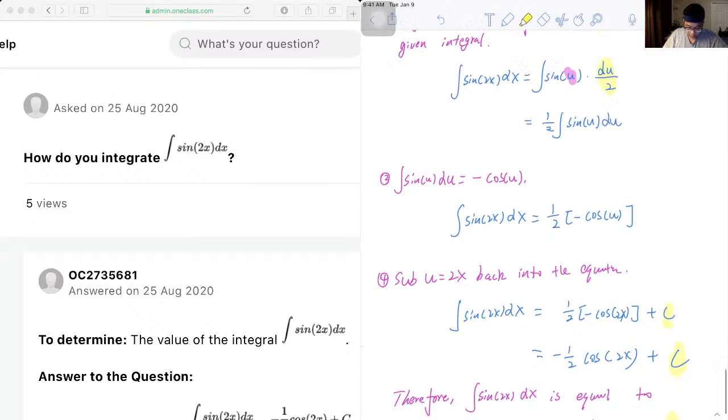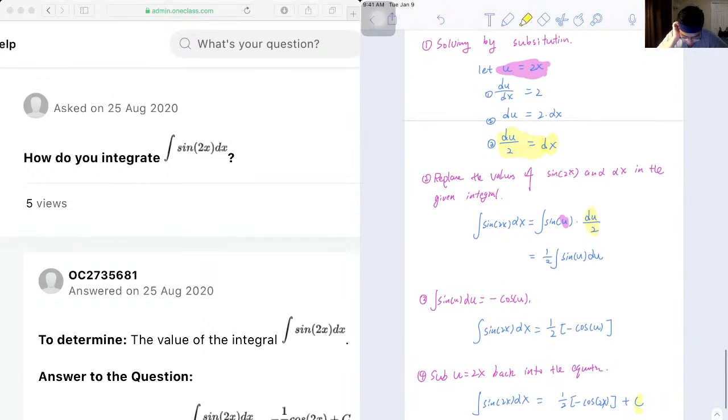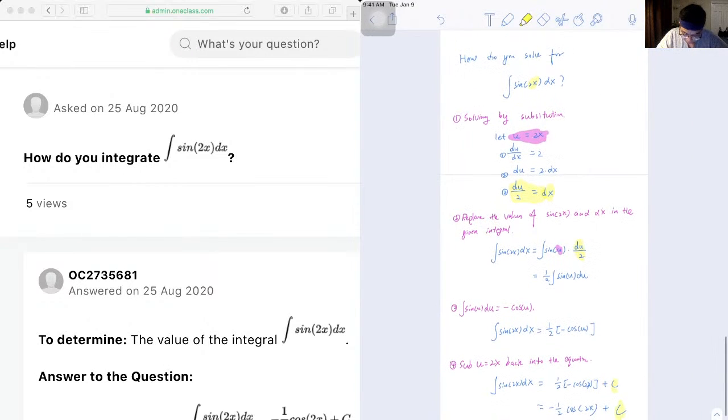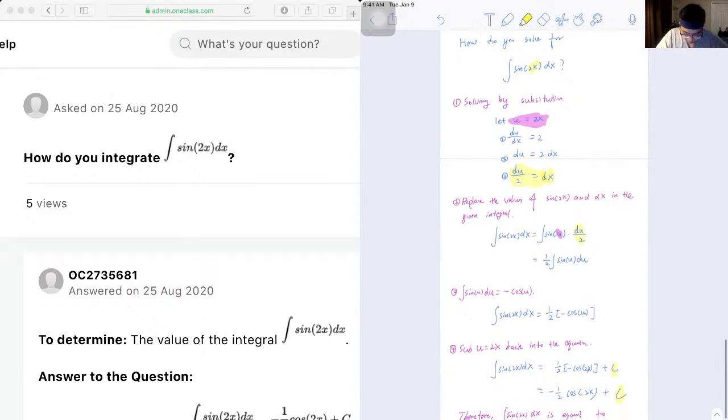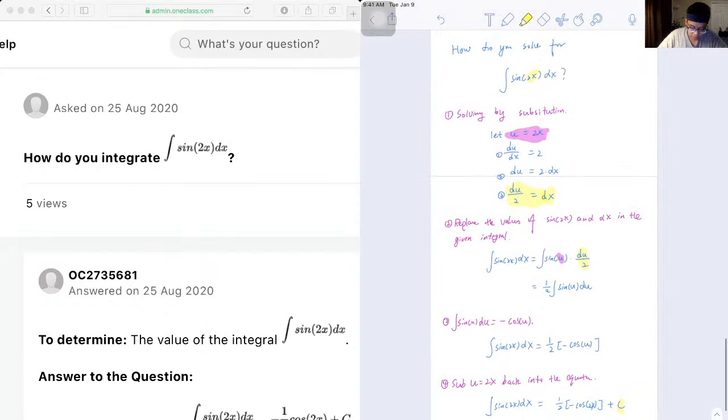Okay, and let's just recap this question. Whenever we see a question or integral like this, and you say maybe 3x or 4x, something like that, in the bracket, we always solve by substitution.